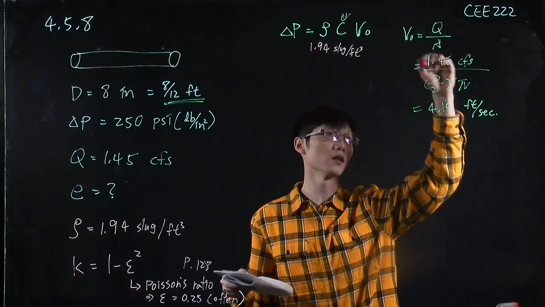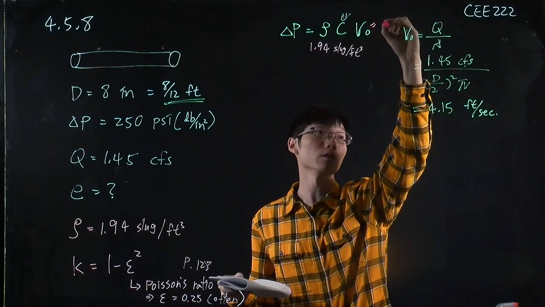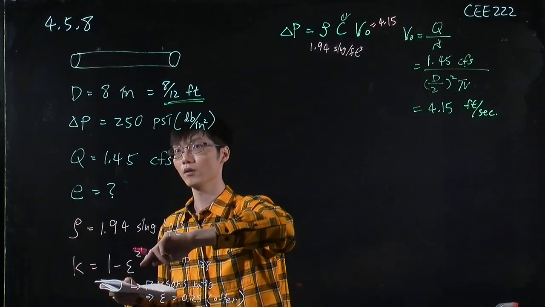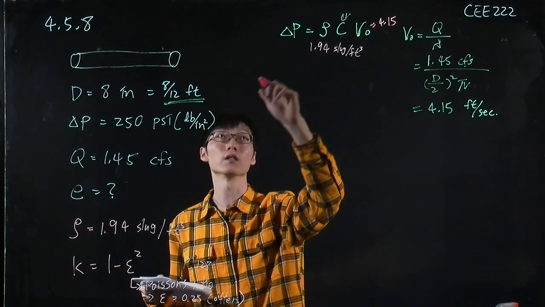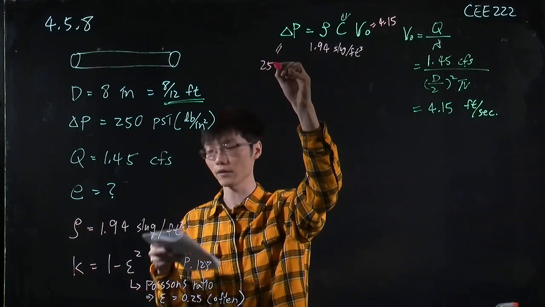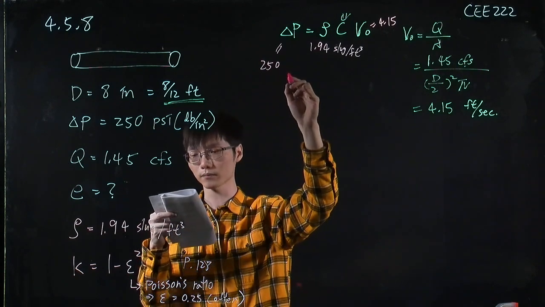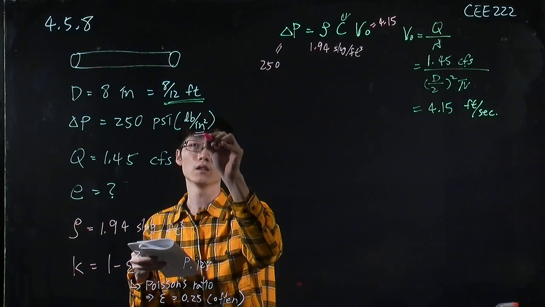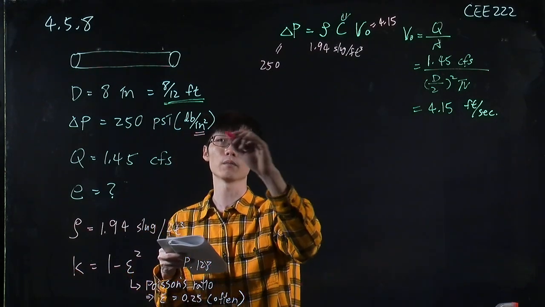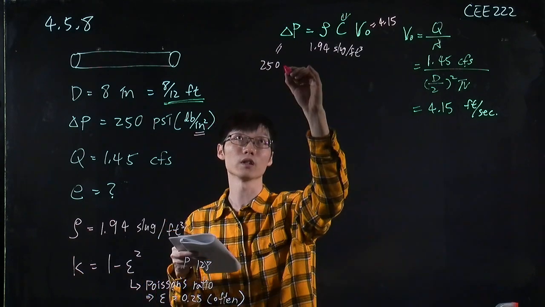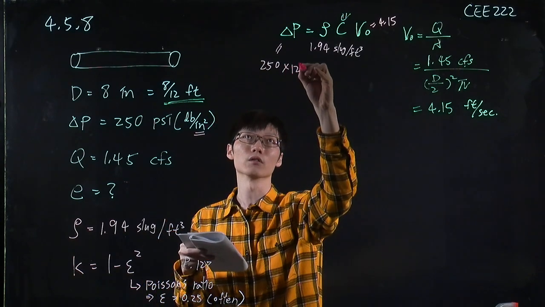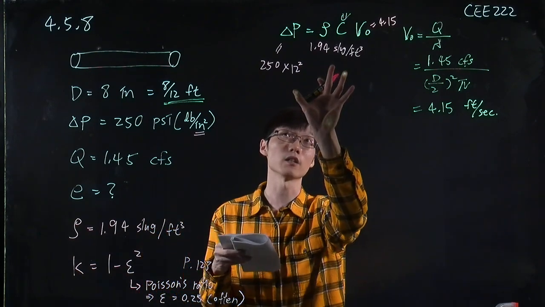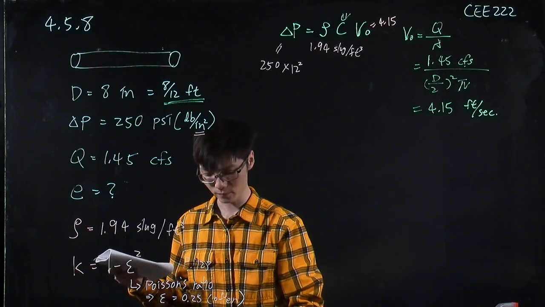Okay, so we now further plug the velocity back to this equation, and we know the pressure change is 250, and we need to do the unit conversion from inch to feet. Because this has a square, we need to times 12 squared. Let me rewrite this equation down here so we can have a better view.